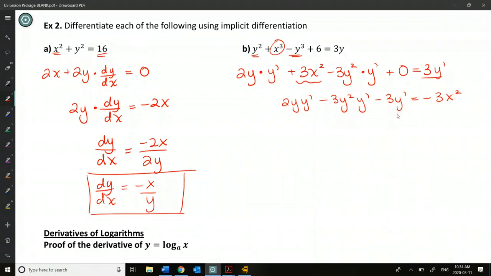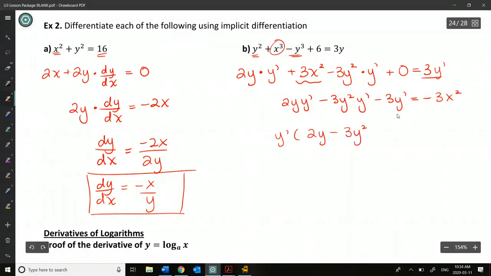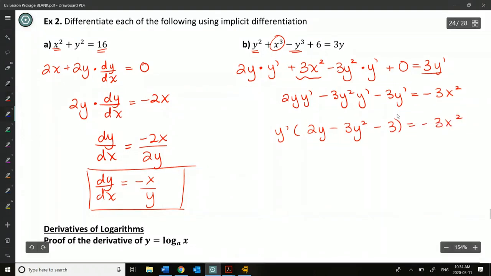Okay, if I want a single y prime here, I'm going to have to common factor a y prime from each of these terms now. So we're going to take out that y prime so that we have just a single y prime, or dy over dx if you'd like to use that notation. And now we can get y prime by itself by just dividing this bracket out.